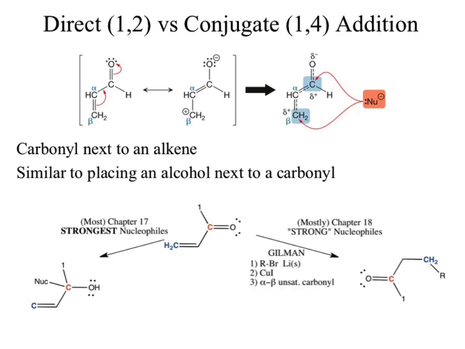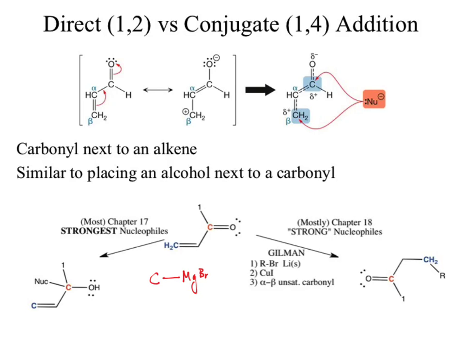So, why is the R in the Gilman reagent not a stupid strong nucleophile? Well, what made the R a stupid strong nucleophile in the Grignard? How is it charged? Magnesium carries a positive charge.